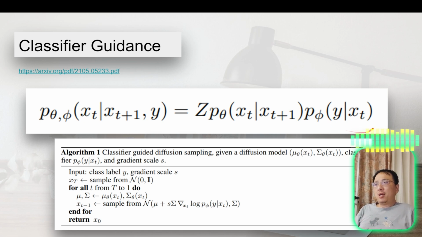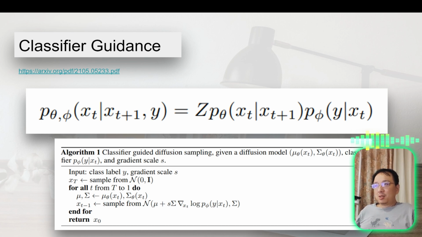If this is in another image dataset like CIFAR-10 or ImageNet, then the class might be a dog, a car, or something else. So this one is basically the output of the classifier.